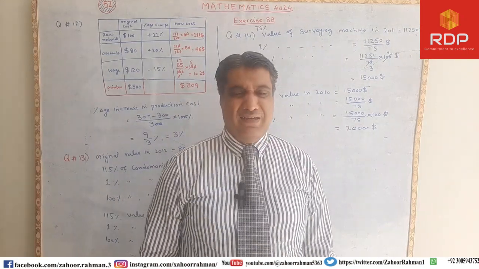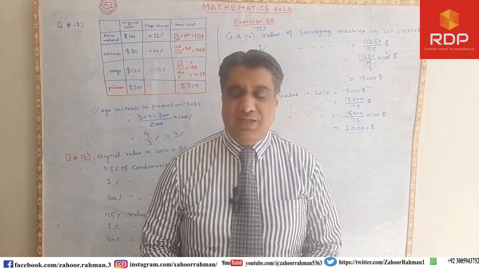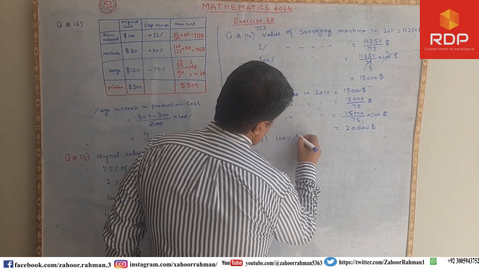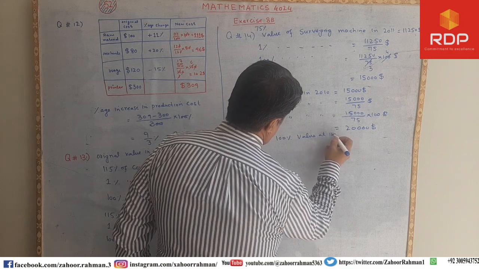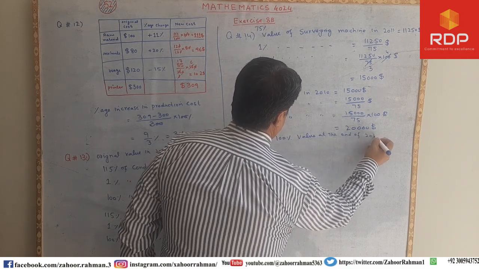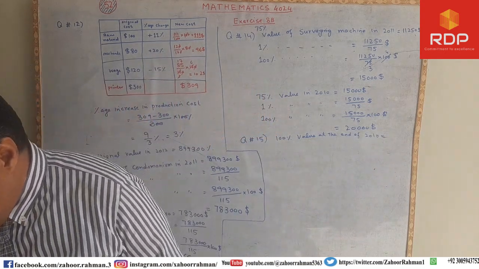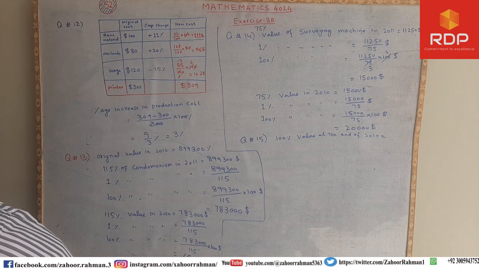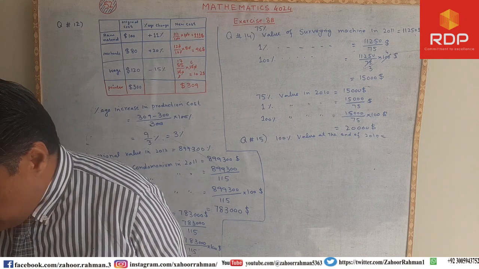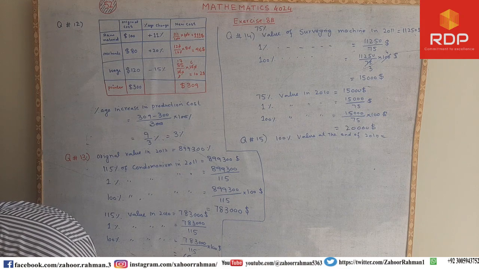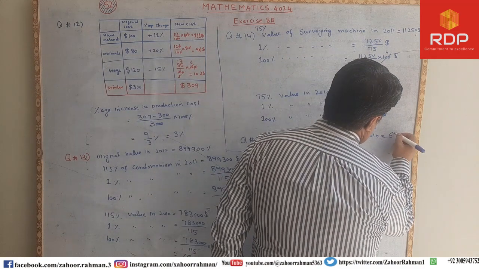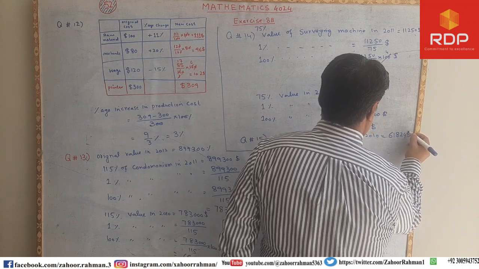So again we are saying that the 100% value at the end of 2010 is equal to what? The value at the end of 2010 was 61,824 dollars.